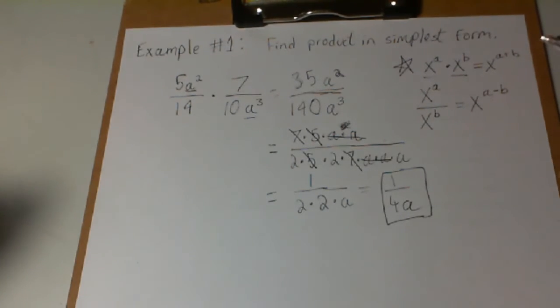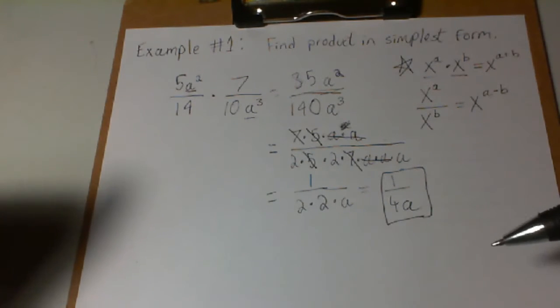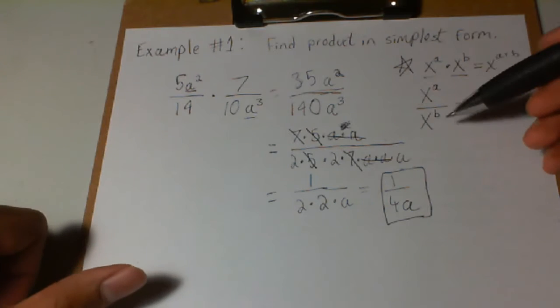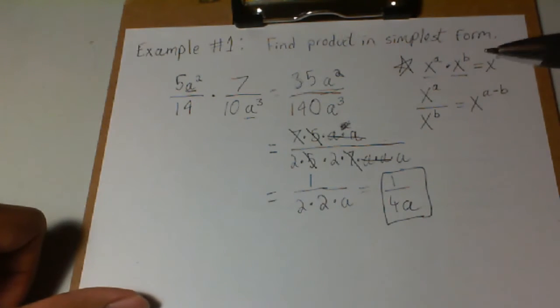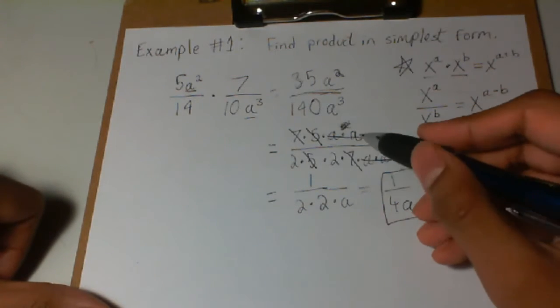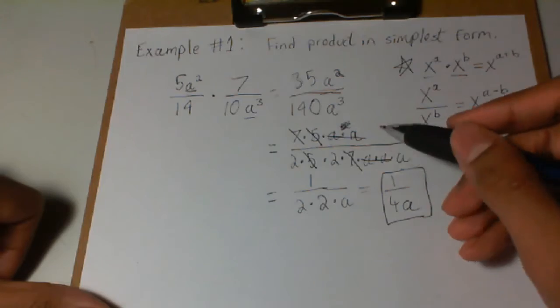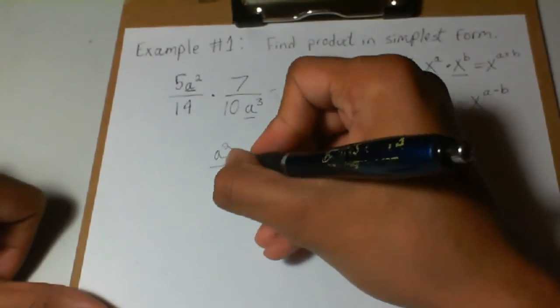It's literally just multiplying like fractions. For this example, we actually didn't have to use these exponent rules, but if you wanted to, this is how you would have done it. So instead of separating them into separate a and a, you just have a squared over a cubed, right?